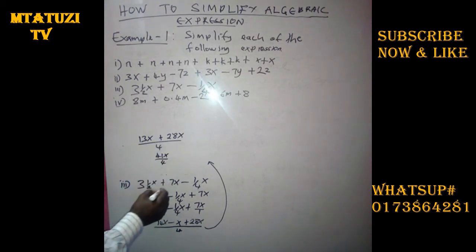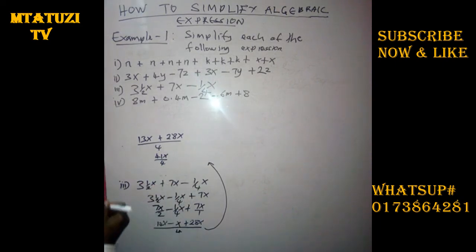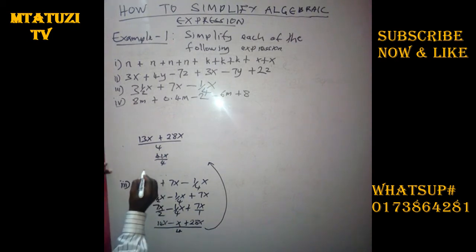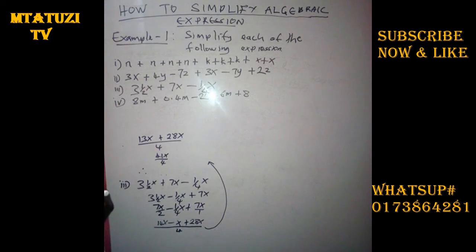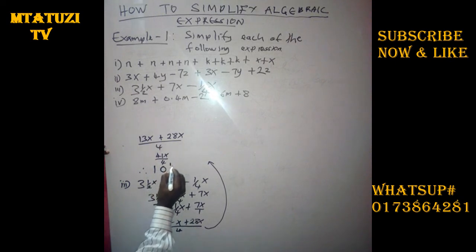So in order to make it simple, you can put your answer in a mixed fraction. So you have to divide it. When you divide 41x by 4, 4 goes into 41 ten times, that is 40, and what remains is 1 over 4x.